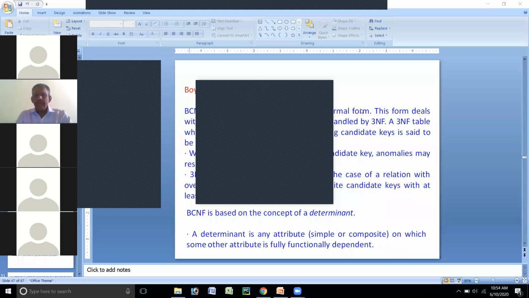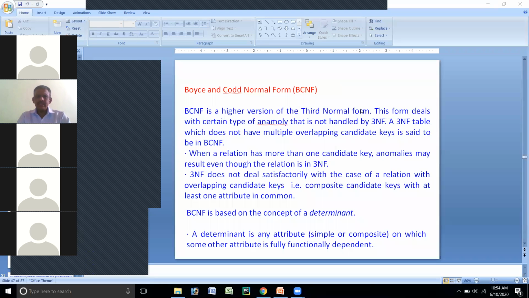So yesterday we were on normalization. In normalization, we follow some rules, and each rule is called a normal form. In that, we have studied 1NF, 2NF, 3NF, right?